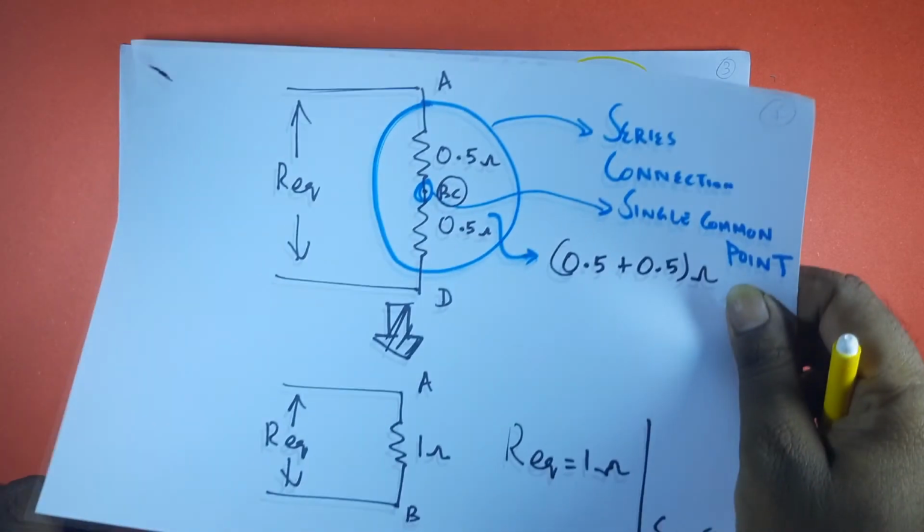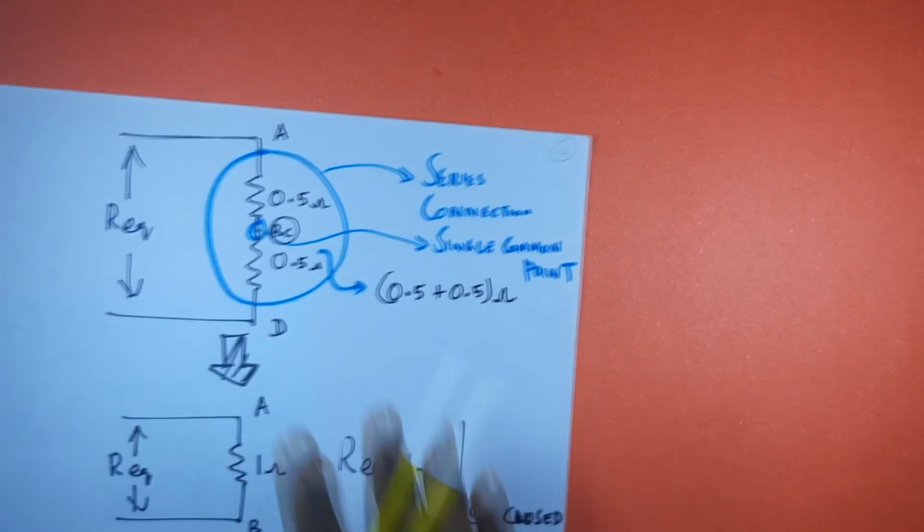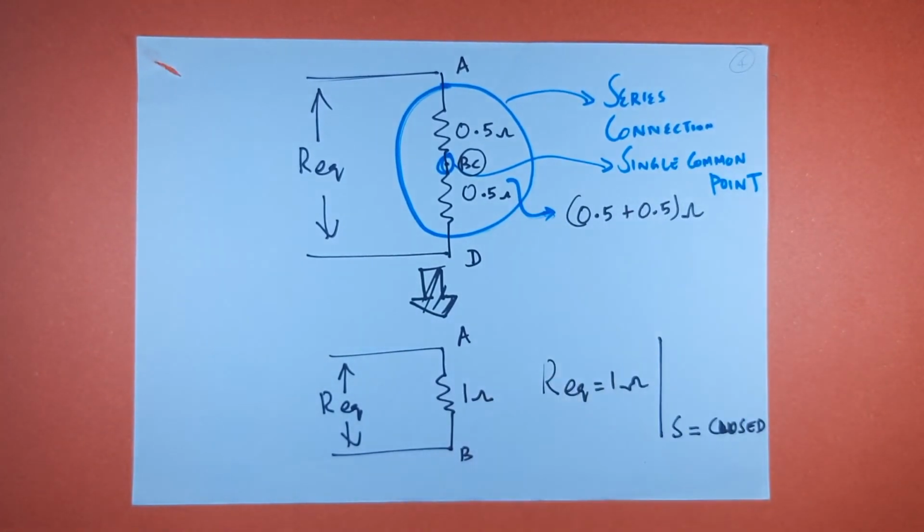We will be getting half ohm or 0.5 ohm, again 0.5 ohm. Now this 0.5 ohm and 0.5 ohm are connected in series because there is only one common point, BC. BC is now a single common point, so this is a series connection. So the equivalent is going to be 0.5 plus 0.5 ohm, which is 1 ohm.